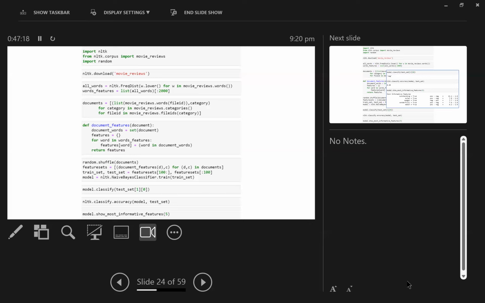Then we just chop the first 2000 most appearing words. This is the features of our input.